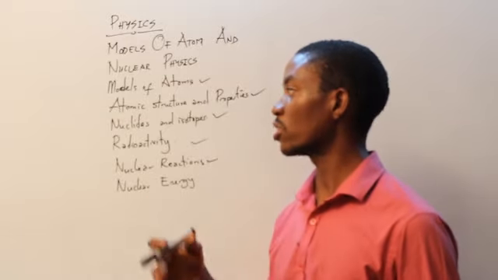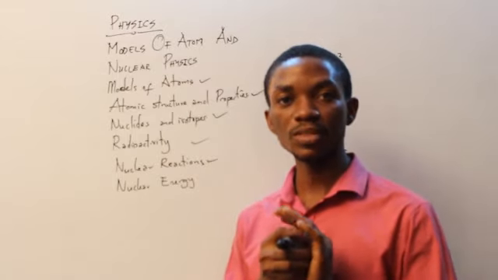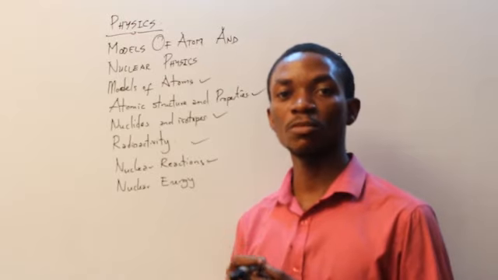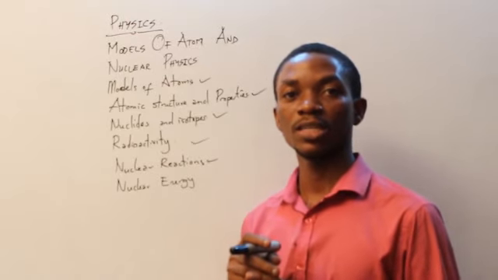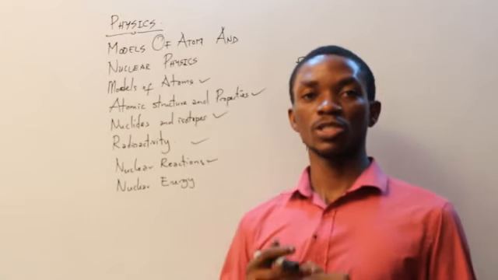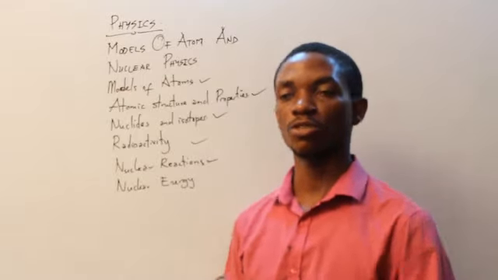We then looked at nuclides and isotopes. We said when we have the same number of protons but a different number of neutrons, those substances are called isotopes. They are related to each other.